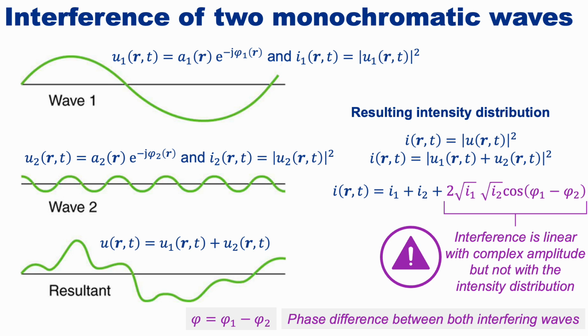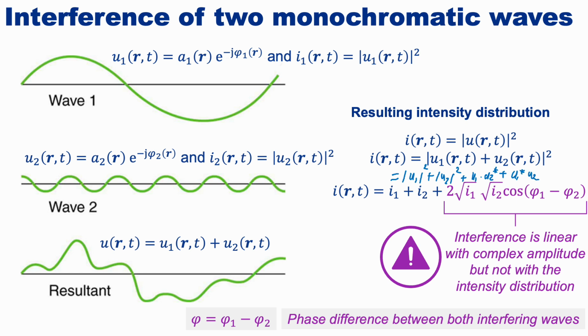If we do the intermediate step, we're going to have the modulus squared of the first one plus the modulus squared of the second one, plus the first with the second complex conjugate, and then the first complex conjugate with the second one.